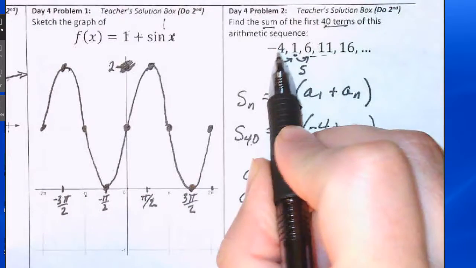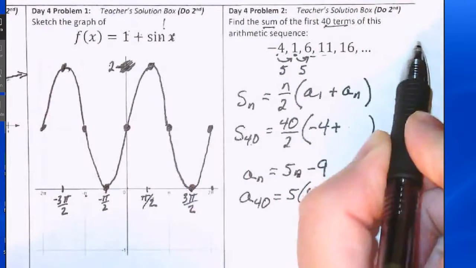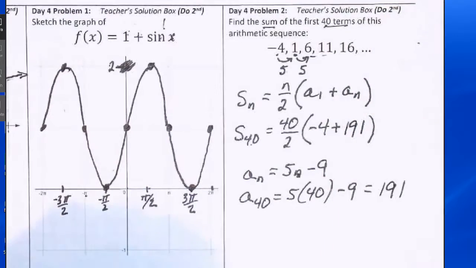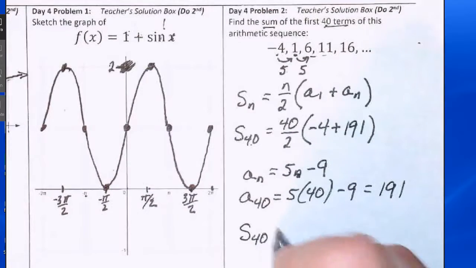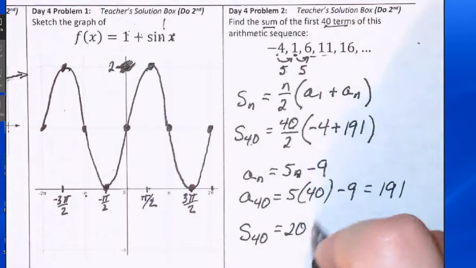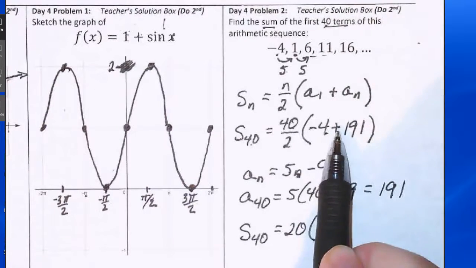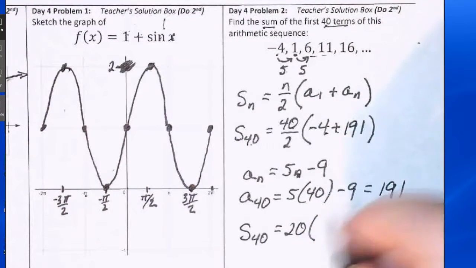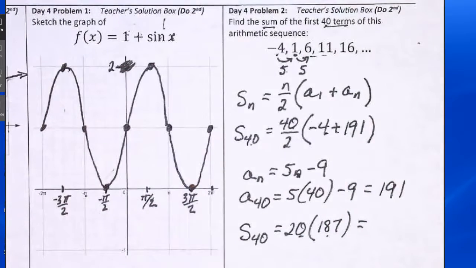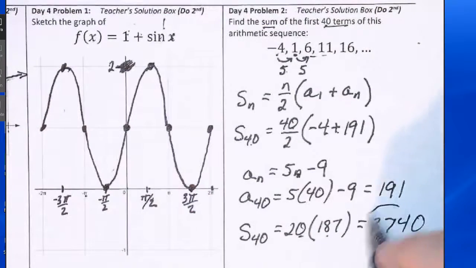The first number in the list is negative 4, and the 40th number in the list is 191. So let's go back to finding the sum of the first 40 terms. 40 divided by 2 is 20, and negative 4 plus 191 is 187. Multiply these together and we'll have the sum. The answer is 3,740.